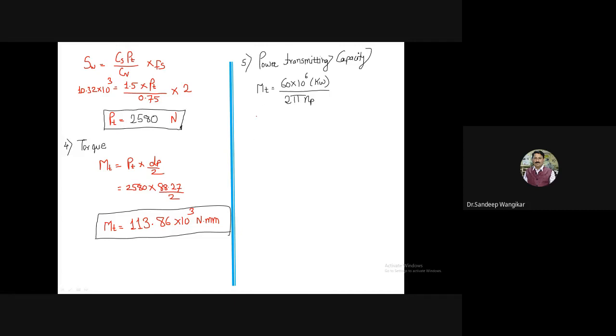So 113.86 into 10 raised to 3 is equal to 60 into 10 raised to 6 kilowatt divided by 2 pi, and NP value is given as 720. So you will get the value of kilowatt.